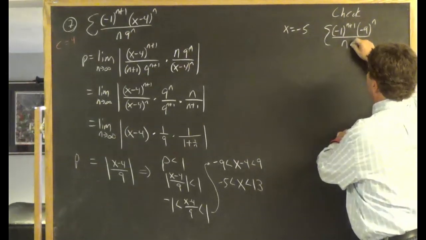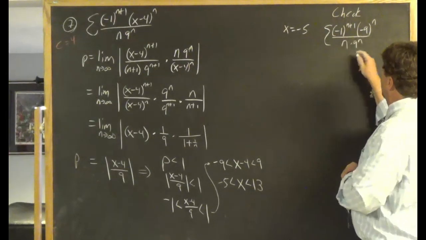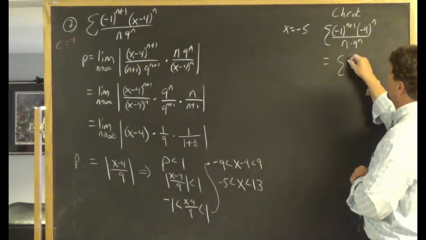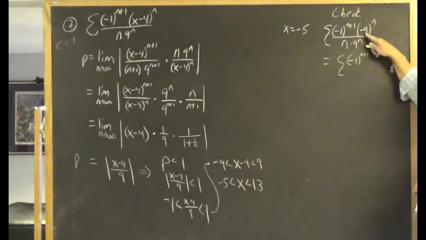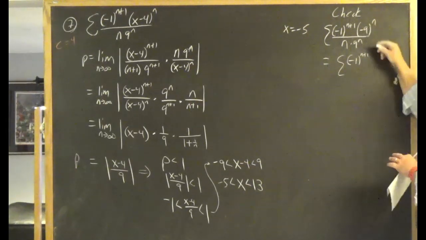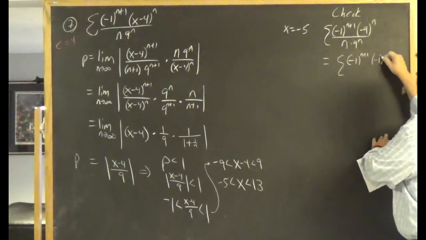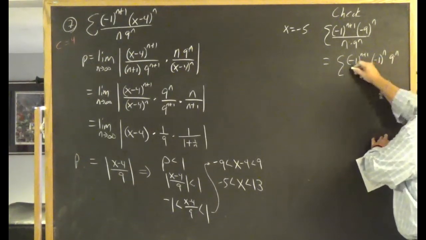You know what? I gotta rewrite this. -9 is -1 times 9. So we'd have -1 times 9 to the nth power. So that's a -1 to the n, 9 to the n.